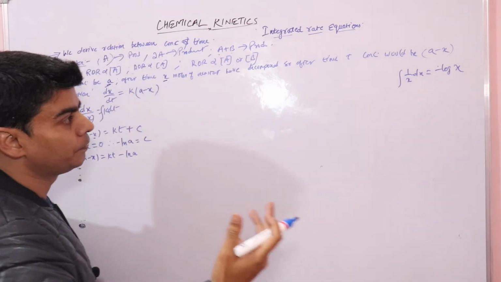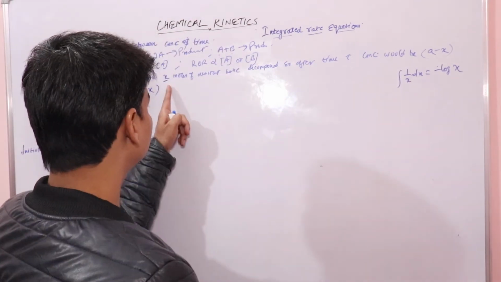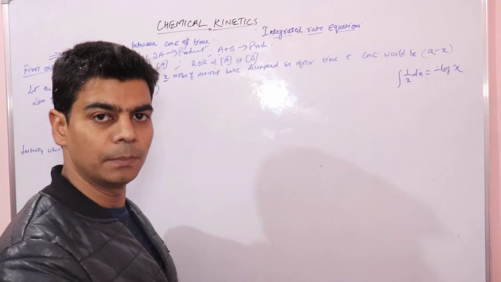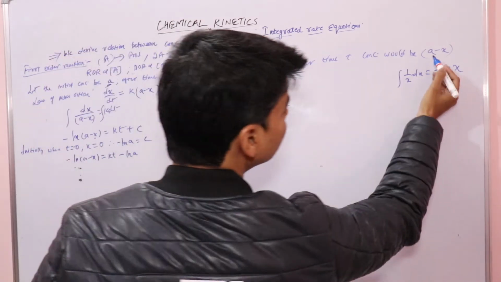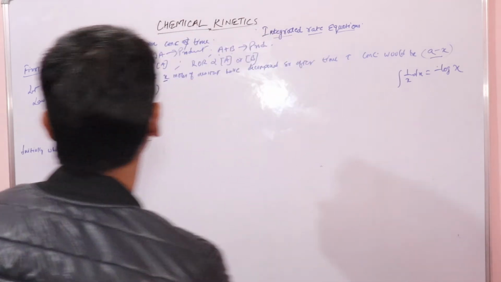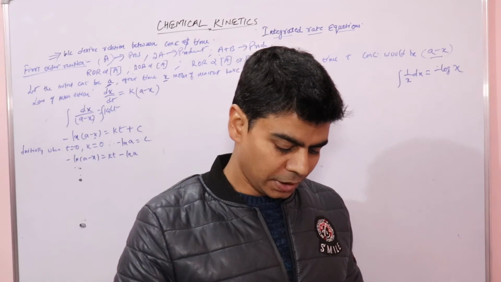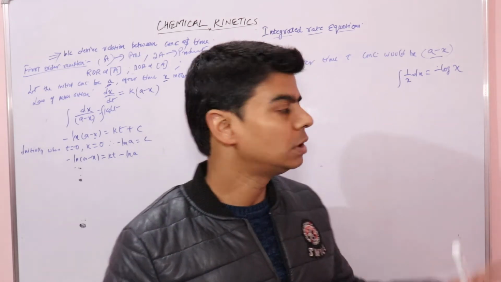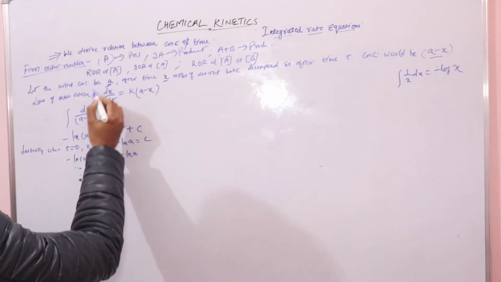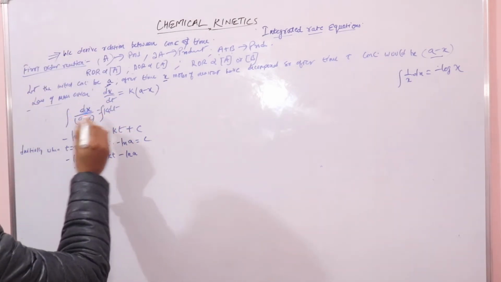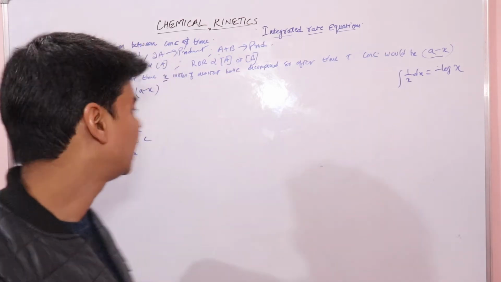So after time t, X moles have decomposed, then the concentration of reactant after time t would be A minus X, right? So at this point, after time t, the rate of reaction we know is directly proportional to the concentration of reactant. We'll write this equation as per the law of mass action.